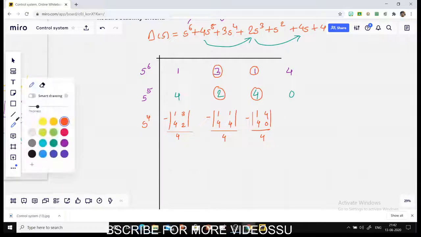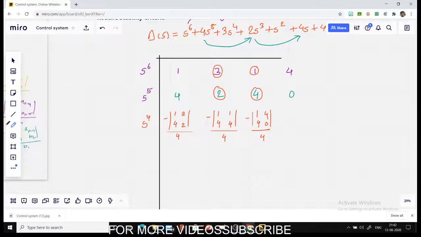This is how you will get the answers for these determinants.